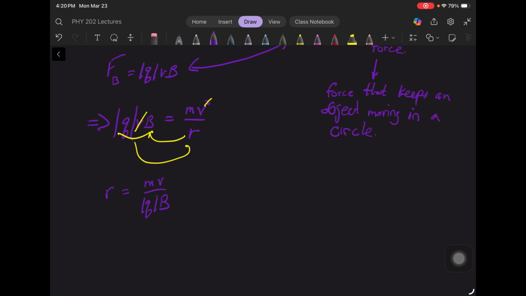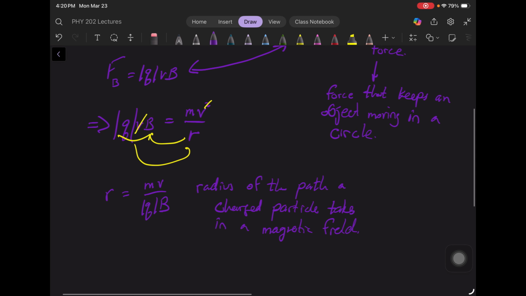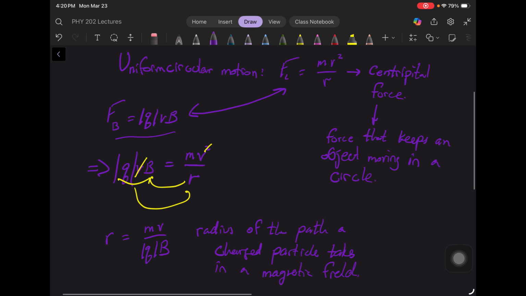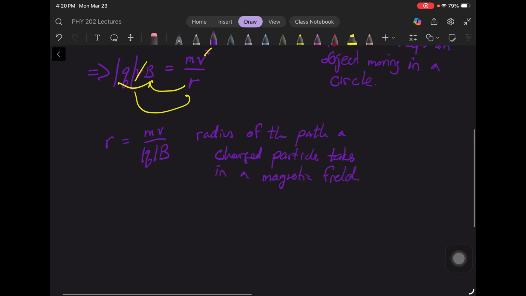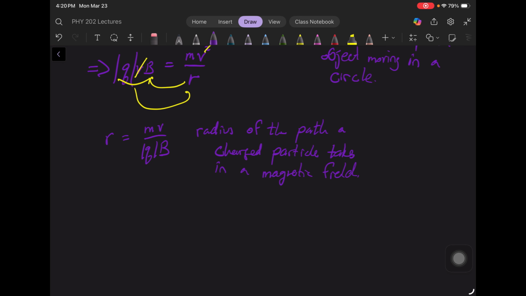And this will be the radius of the path a charged particle takes in a magnetic field. All right. And so far, that wasn't too bad. We just took something we learned in the last lecture, something we learned last semester, and combined them. And so that's pretty good.